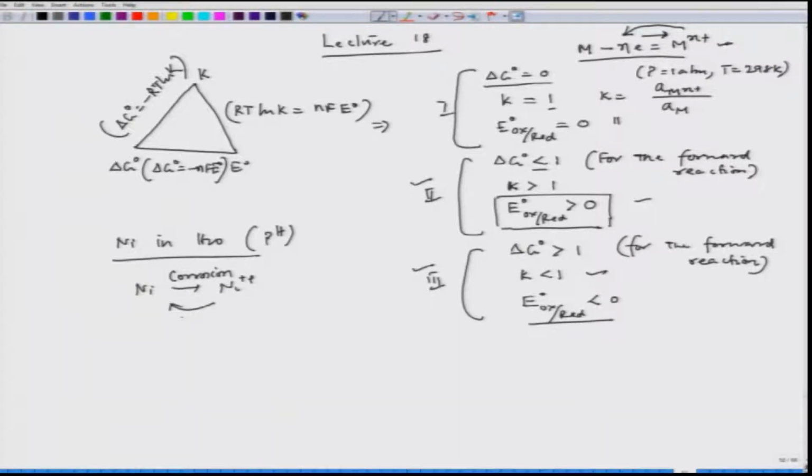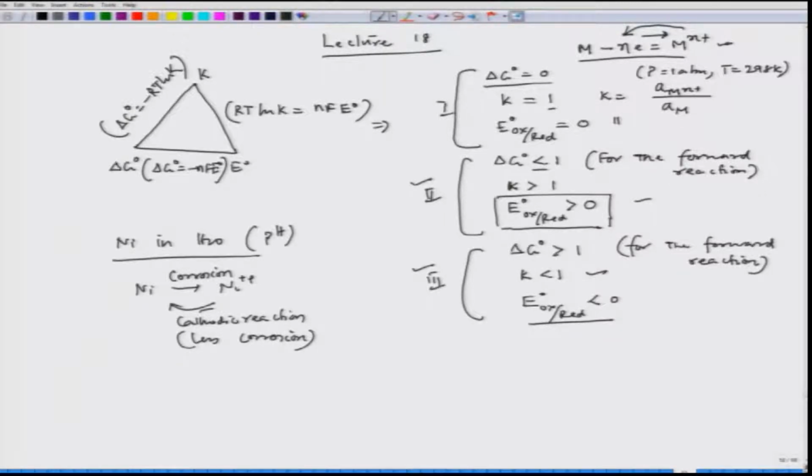So, that becomes my cathodic reaction or less corrosion. And since these are all standard states, that means E0 as well as G0, we are talking about standard state, and in the actual system we may not maintain standard state. So, the nickel concentration in water may not be 1, the activity of nickel ion may not be 1.